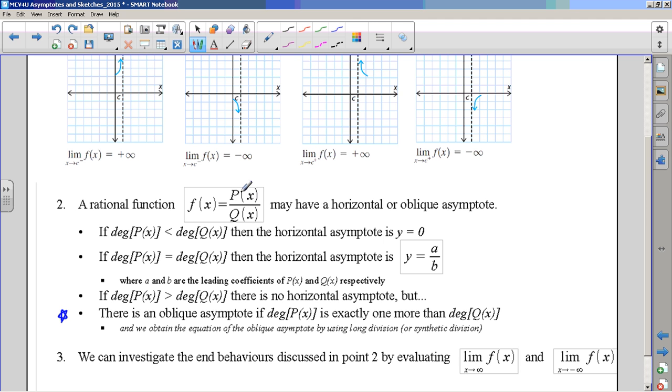But if the degree is higher by one, then there's an oblique asymptote, and we can get the equation of the oblique asymptote by using long division. I think we saw an example of that just recently when we were coming up with a quick sketch.